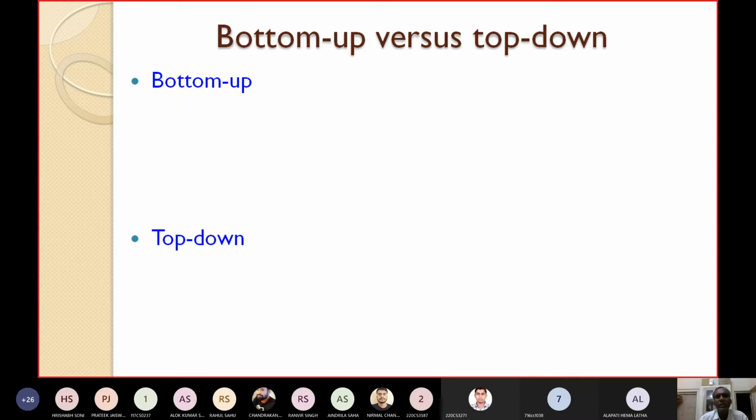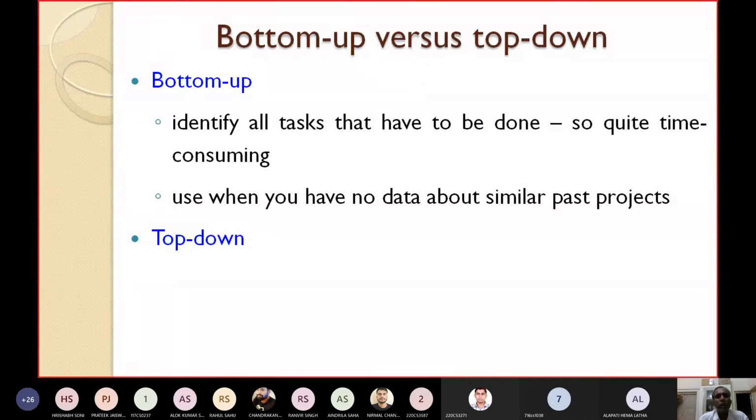Now let's discuss how that can be applied to project management, to estimation. Let's first see bottom up estimation, then top down estimation. In bottom up estimation, first you have to identify all the tasks that have to be done while developing a project. Obviously it will be quite time consuming.